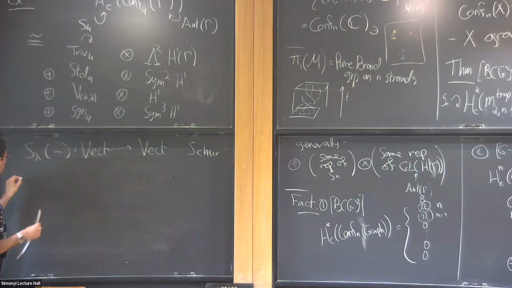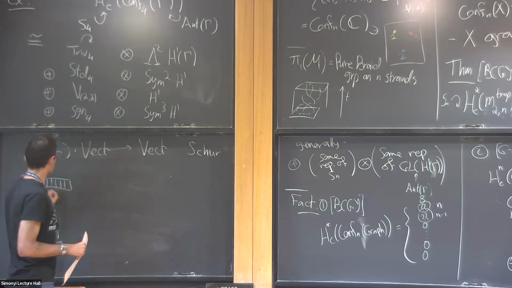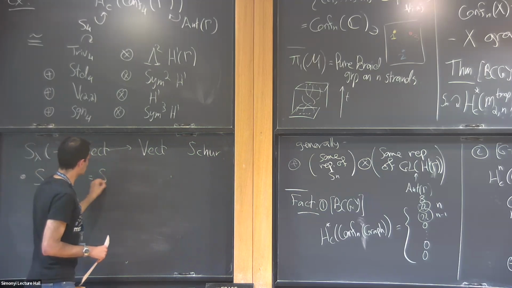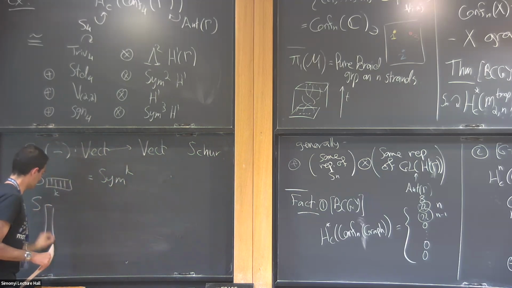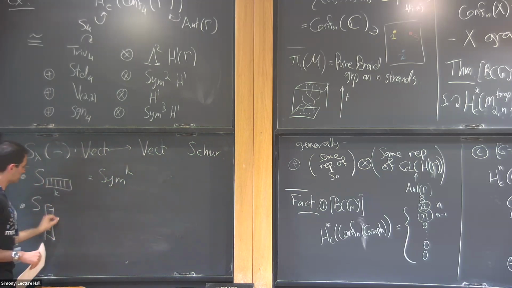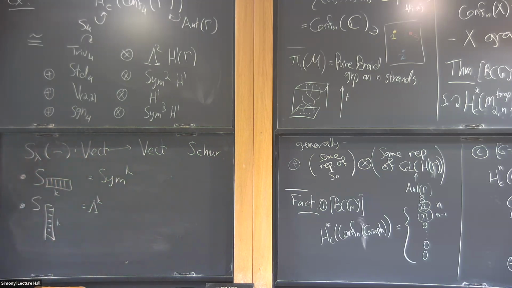The familiar examples: the Schur functor of a single row with k blocks is the symmetric power, and the Schur functor for a single column with k blocks is the alternating power. But really, you have lots of things in between.